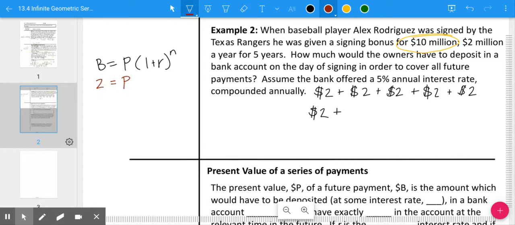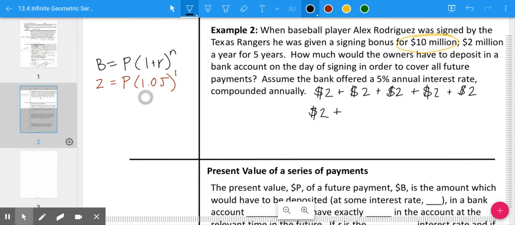What's the amount I have today? So typically in Unit 3, we were given a set amount and investing it and finding out how much it became. Now I'm saying, well, I don't know what the initial amount is, P, that I'm depositing, but I want to have $2 million. The bank is getting 5% interest. And how many years is this running for? Well, if this is my first payment, that's next year. So this is going to run for 1 year. So how much money do I need today?